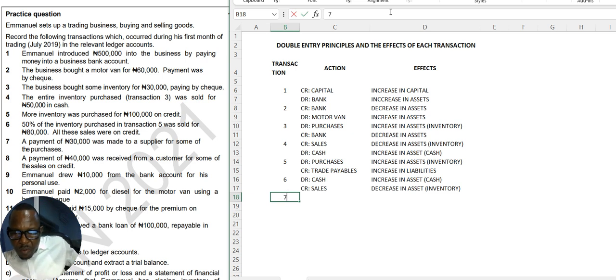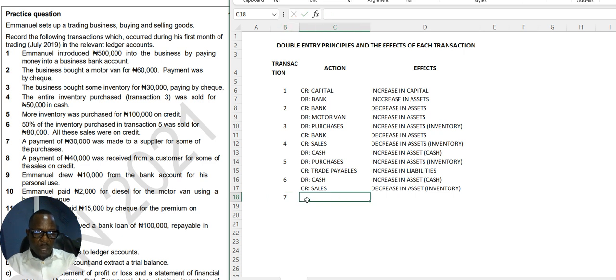Question 7 is looking at a payment of 30,000 made to a supplier. Money went out. Is that correct? So if money is going out, our suppliers are our trade payables.